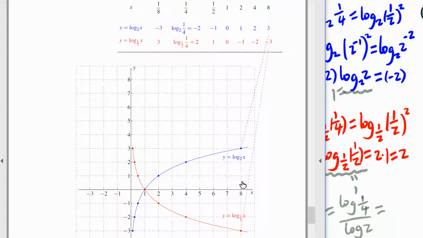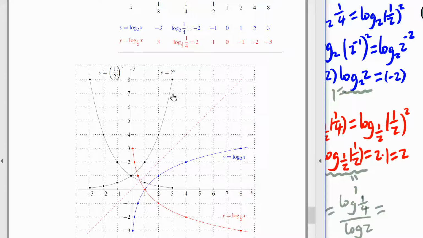If you put the original exponential function, y equals 2 to the x, this function is symmetric with this function, the logarithm, with respect to y equals x, this line.